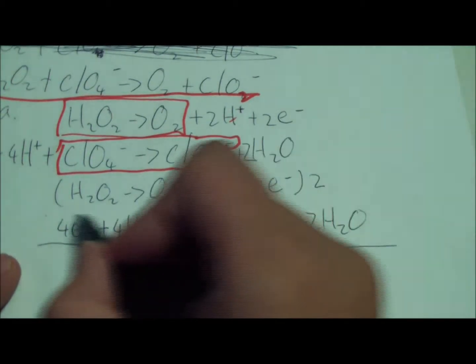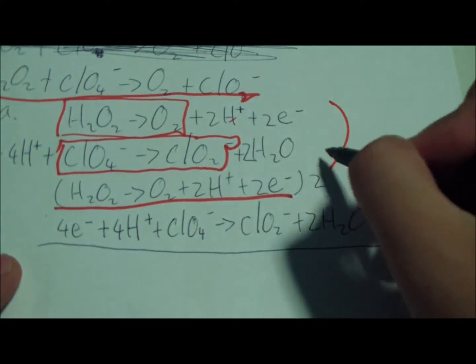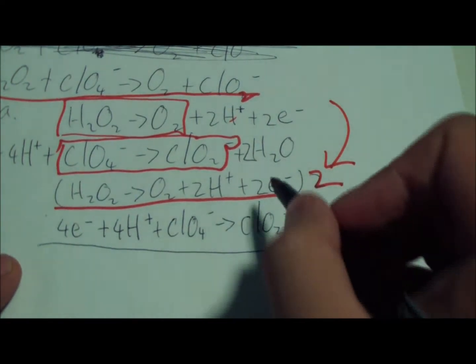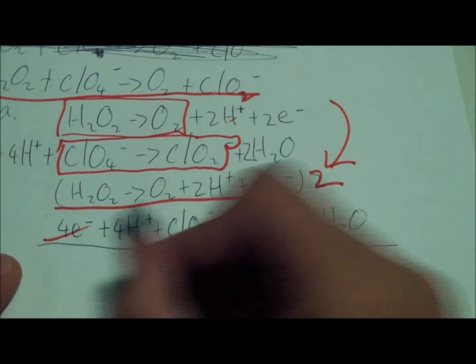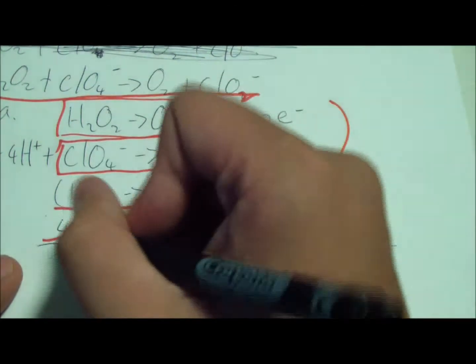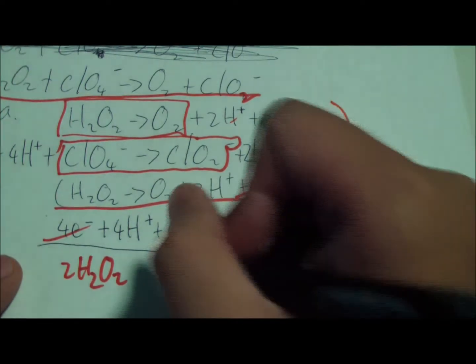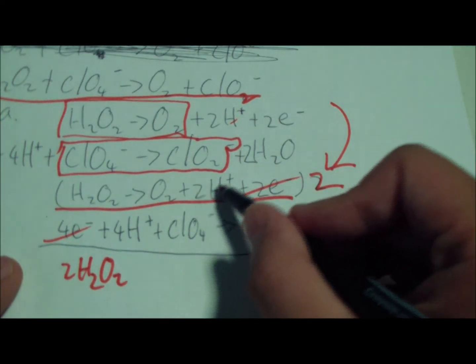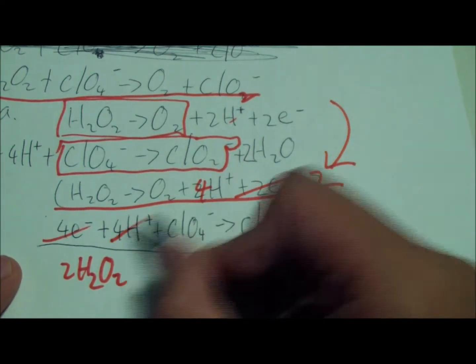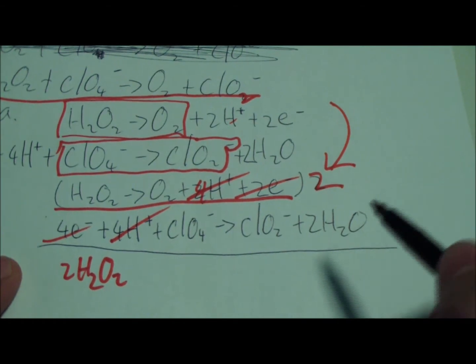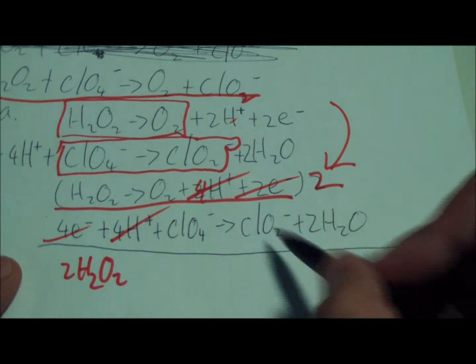You multiply the top equation, this one, by 2. So I have 4 electrons and 4 electrons, so they cancel. And then I have 2H2O2. And remember, you have 4H plus and 4H plus here, so they cancel also. And anything else?